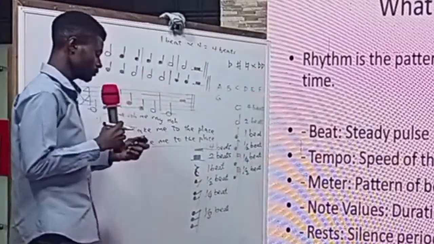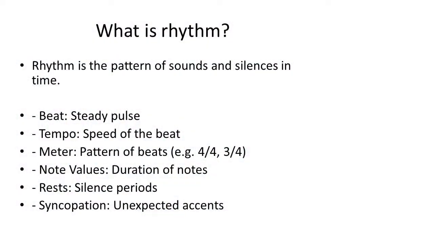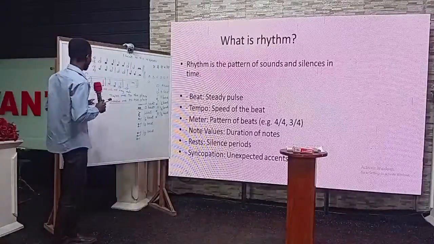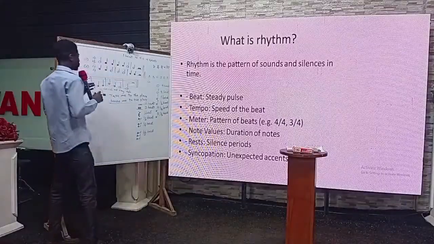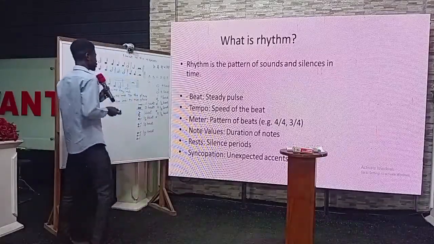Syncopation. Syncopation occurs in something like, for instance, I have do, do, re, mi, re, do. When I have it sung with a shifted accent, that is syncopation.